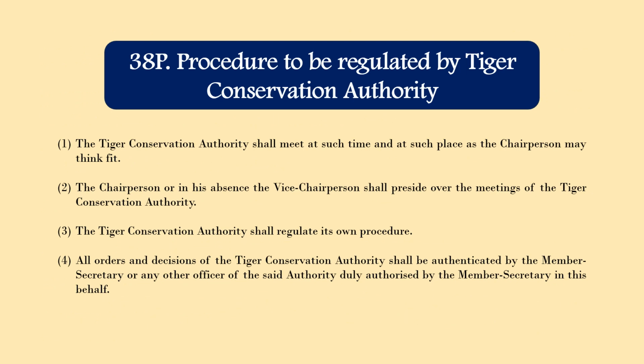Now, section 38P discusses the procedure to be regulated by Tiger Conservation Authority. So, the Tiger Conservation Authority has to meet from time to time at a particular place, as the chairperson of the authority seems fit, and they have to go over the meetings, and if the chairperson is absent in the meeting, then the vice chairperson has to attend the meeting.